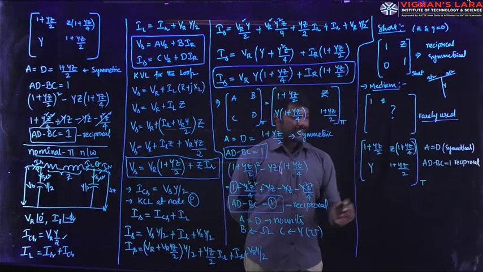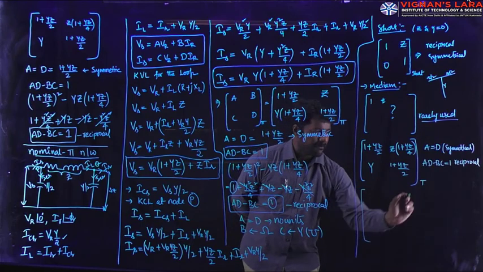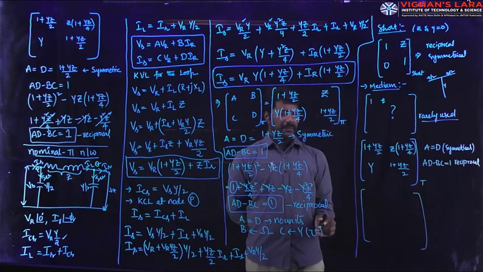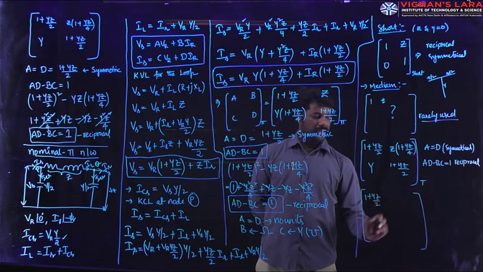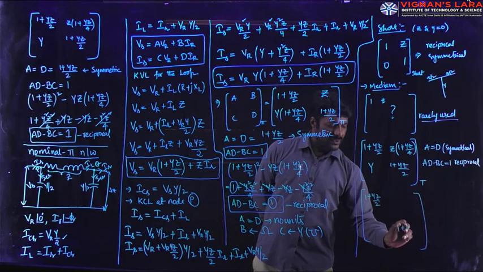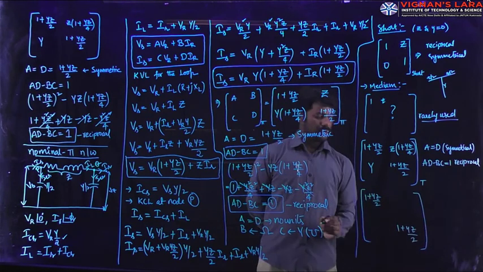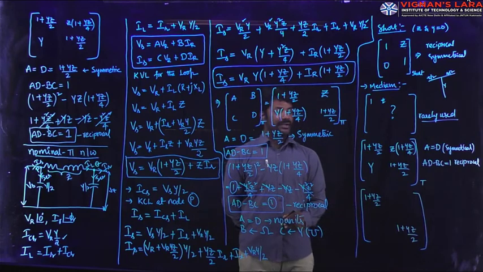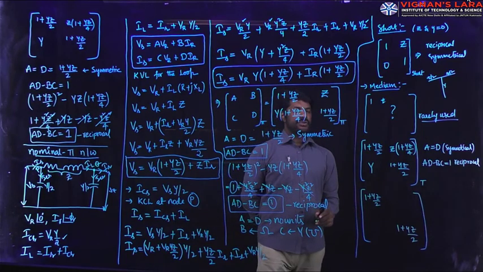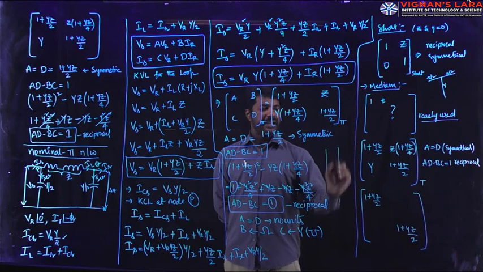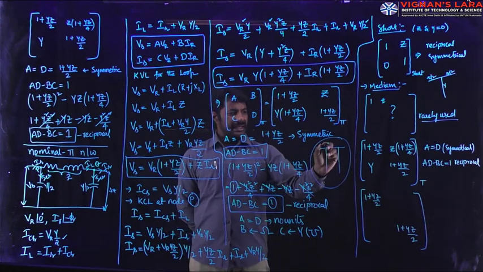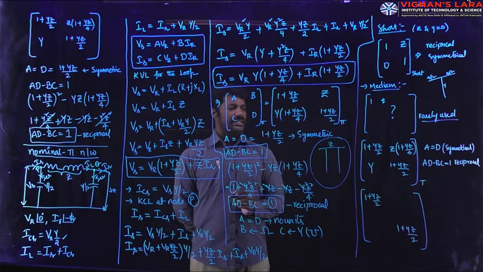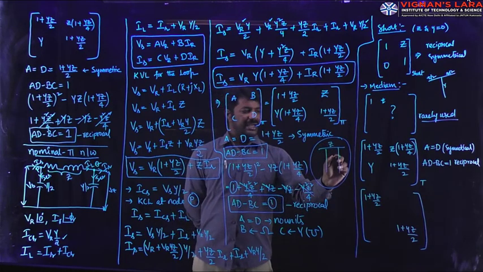In the same lines, I want to write for the nominal pi method. In the nominal pi method, A is equal to 1 plus YZ by 2 and D is also 1 plus YZ by 2. B and C vary from network to network. Here our discussion is with the pi network. In the pi representation, Z is constant, it is not divided. Whereas admittance is divided into two parts as Y by 2 and Y by 2.